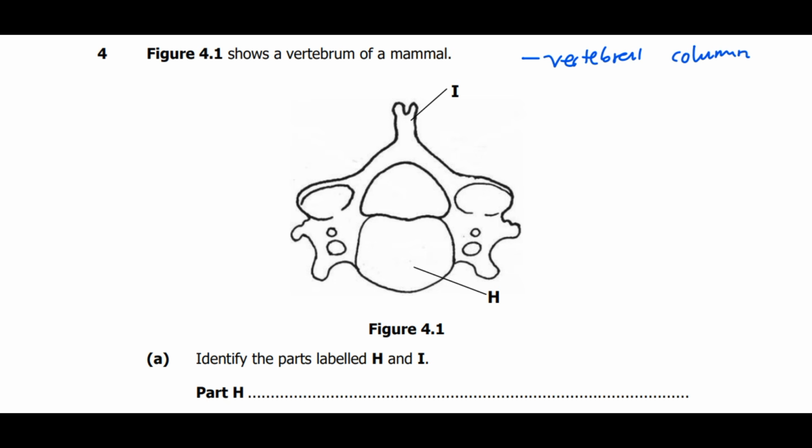Before we look at that, the total number of bones found in an adult human being is 206. If you look at a child, there is 300. I know for some people it will not make sense. How come a small person has a greater number of bones compared to an adult?